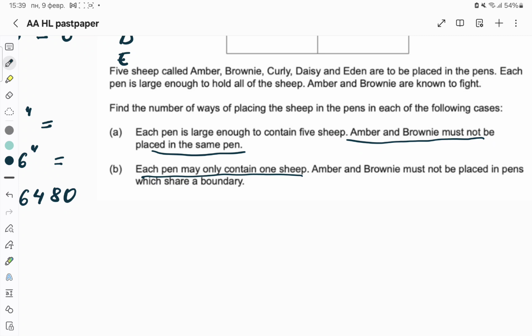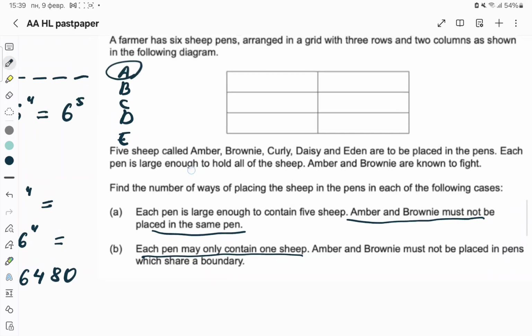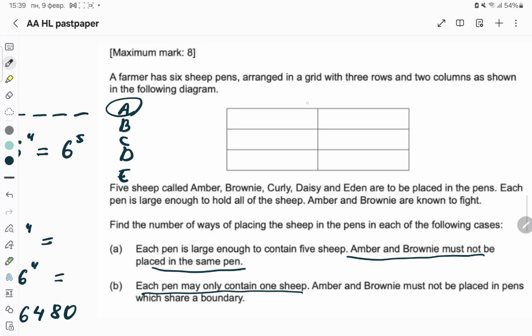So first of all, we can say, what is the first option? First of all, one pen could be empty, right? So there are 5 sheep and 6 places to arrange them.